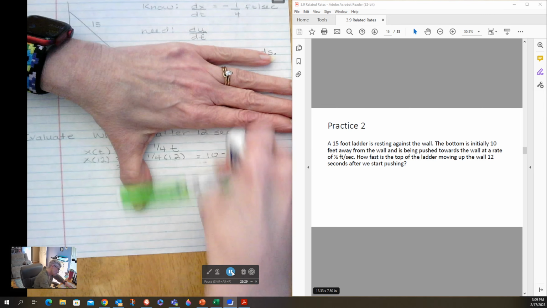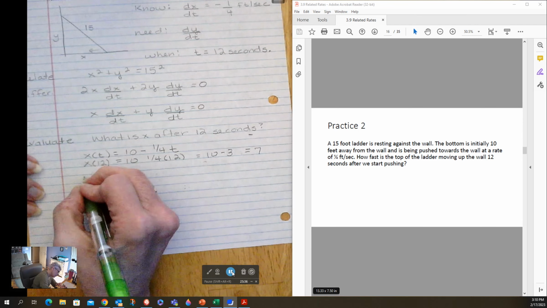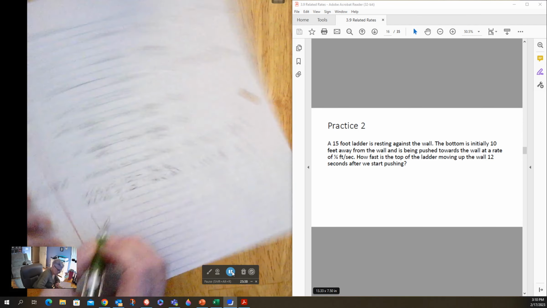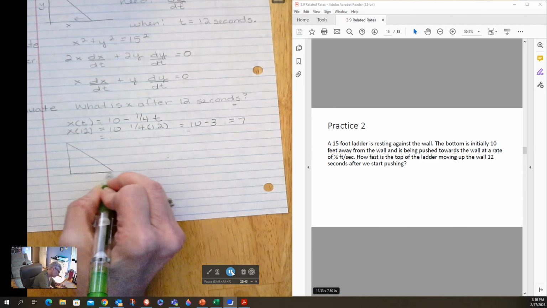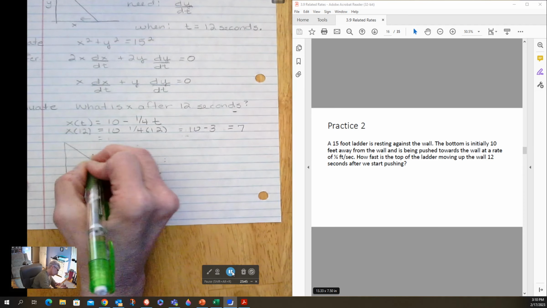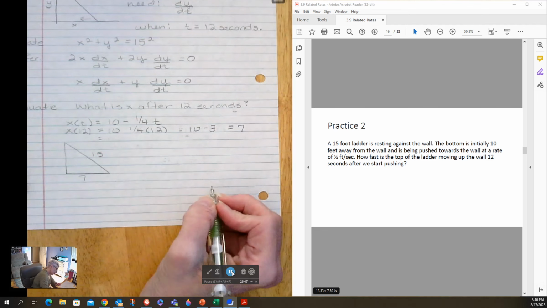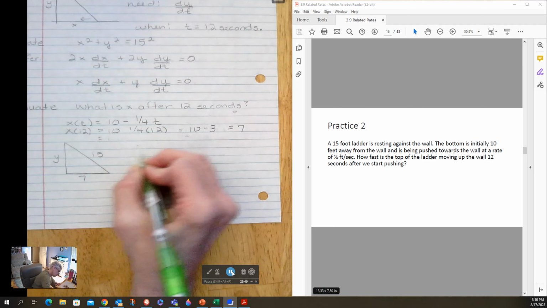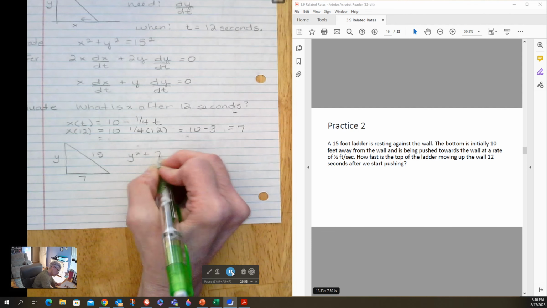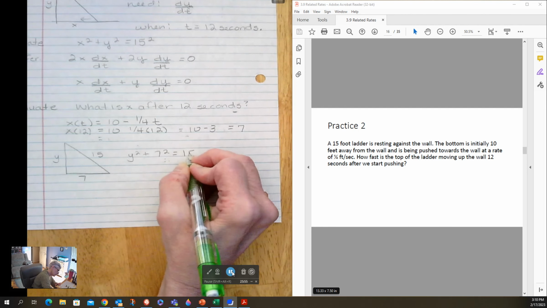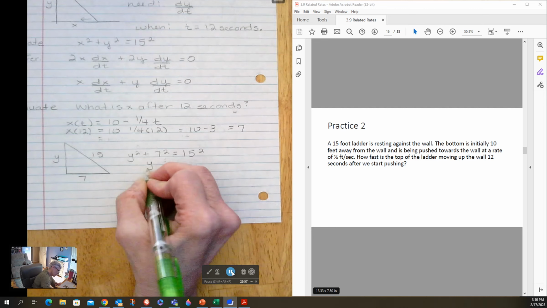So now I still need a triangle, because I know what x is, I've got to use that to figure out what y is. So another triangle, x is 7, z, or hypotenuse, is 15, so y squared plus 7 squared is 15 squared.